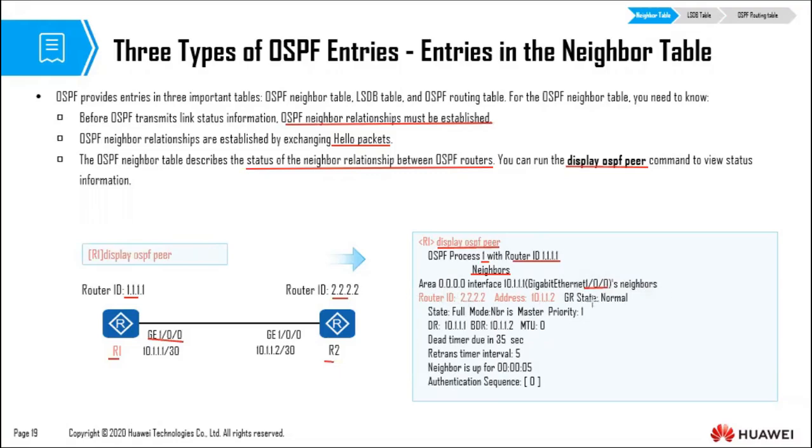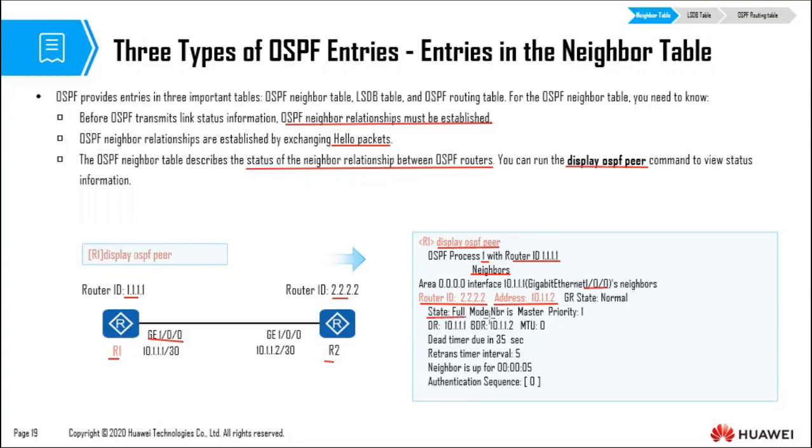So we can see that we have only one neighbor whose router ID is what? And we've connected to that particular neighbor via which interface? 10.1.1.2. Are we together?